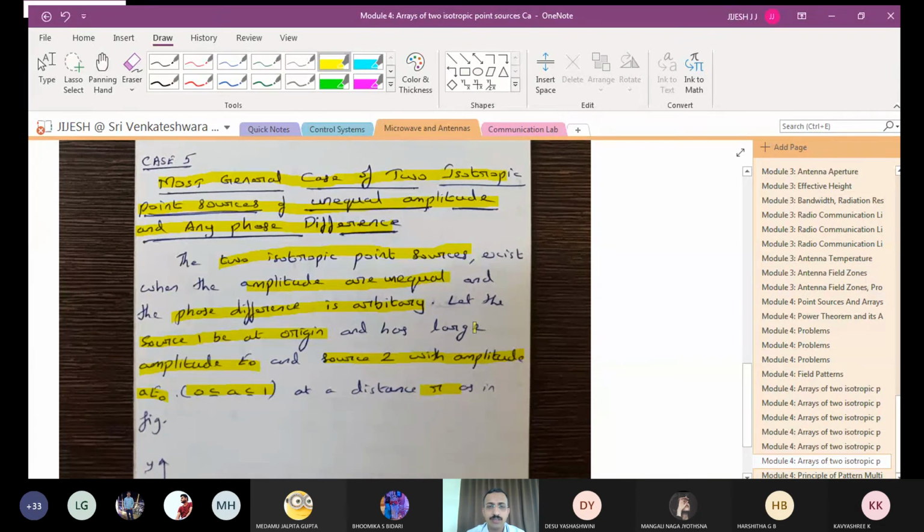Let us consider source 1 at the origin with amplitude E naught. Till now we have taken source 1 and source 2 with the same amplitude, but from now onwards, in this case 5, source 1 has amplitude E naught and source 2 has amplitude A E naught. So A should be between 0 and 1, and we are going to see that representation in the figure.